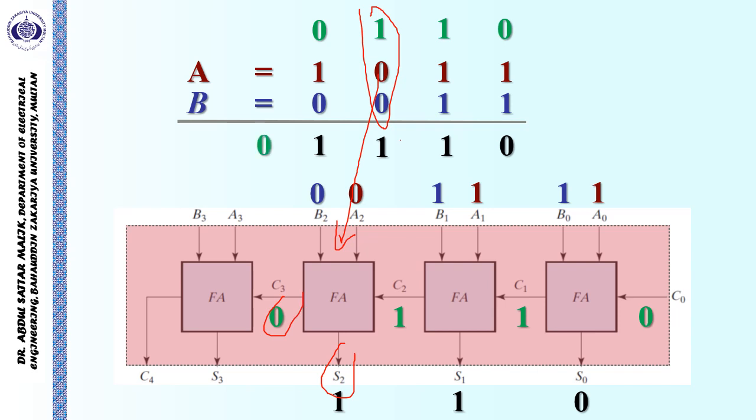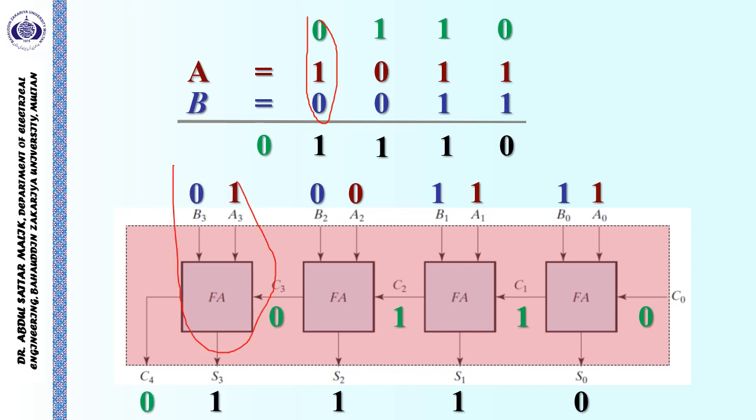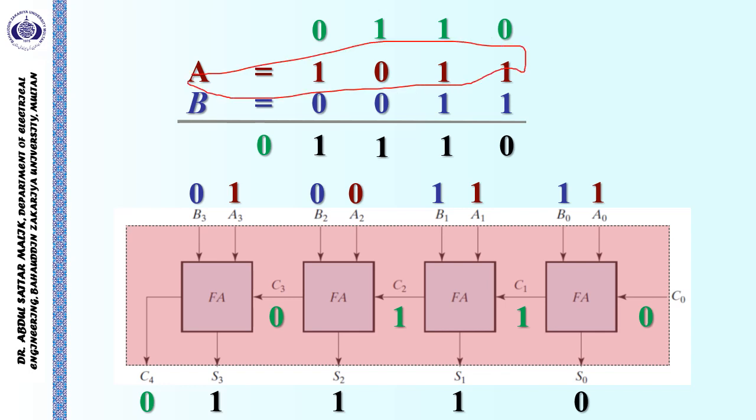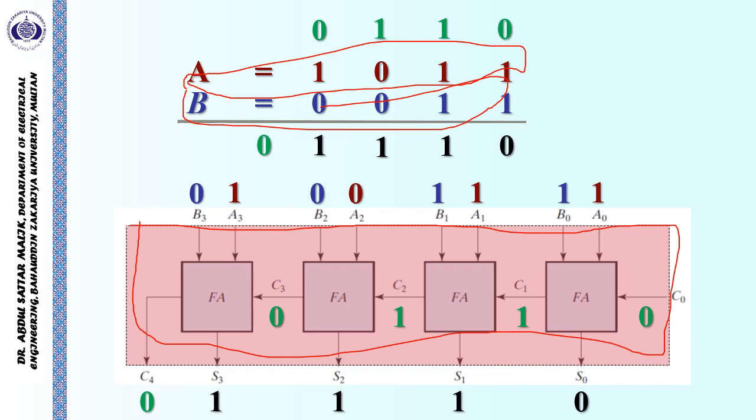And lastly, these 3 bits will go to the last full adder, providing us the sum bit and the carry bit. So we have applied the number A and the number B as input to this circuit with an initial carry equal to 0, and we have obtained 4 outputs from S0 to S3 as the sum bits and a possible carry C4.